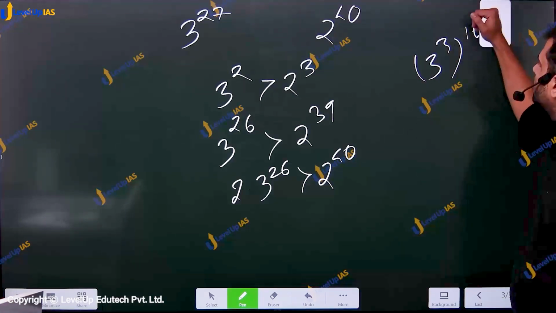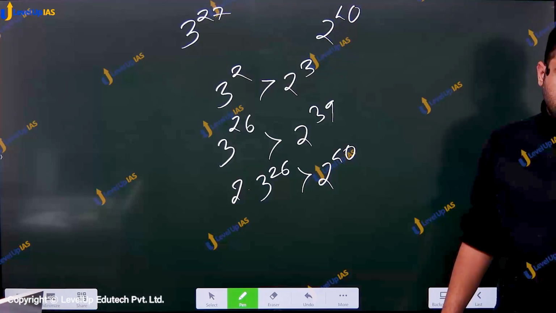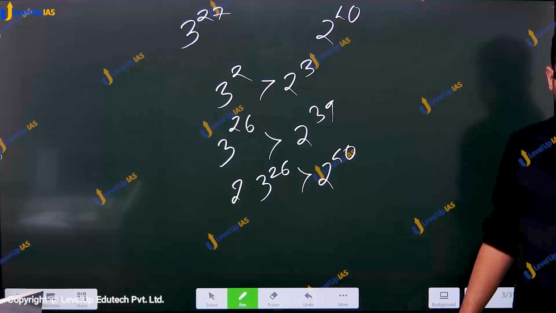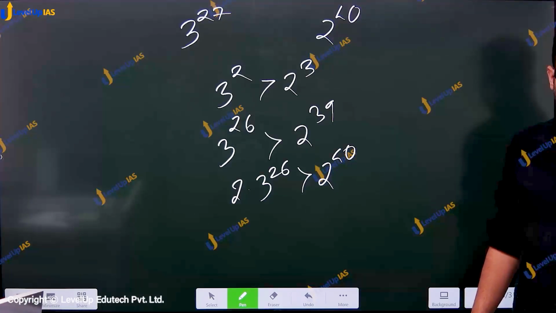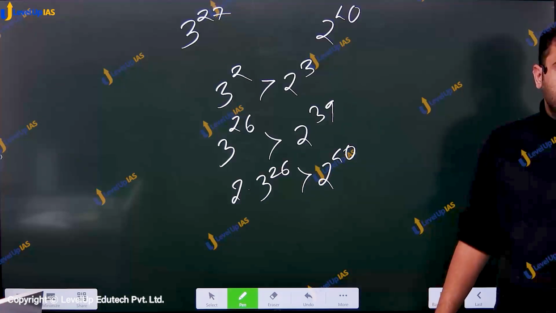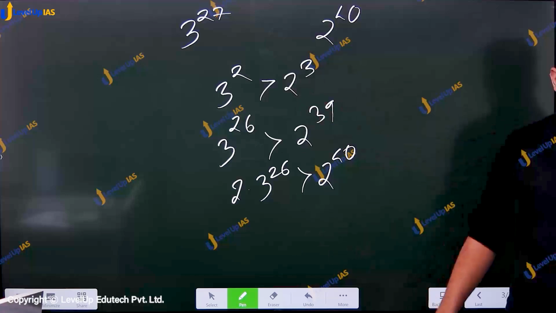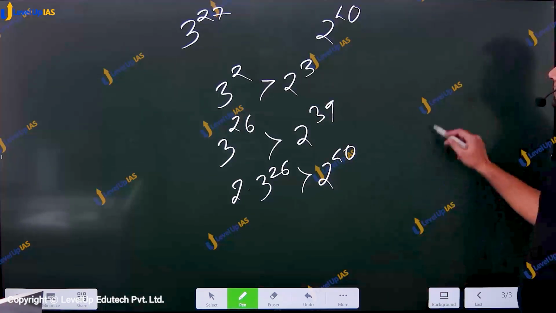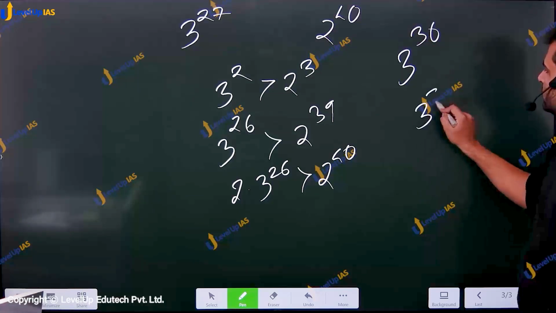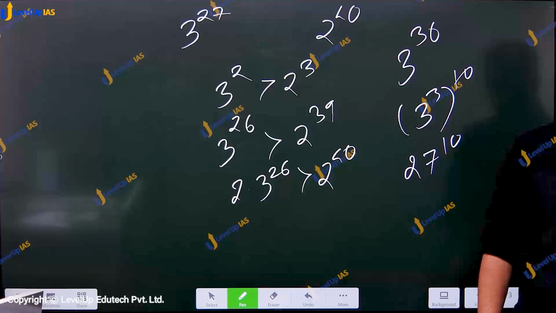Okay. हाँ हाँ हाँ 10. 9 नहीं ना, 3 raised to 10 है, 27 raised to 10 आएगा ना, 9 27 raised to 10 ना. हाँ हाँ, I understand, but you are saying 3 raised to 30, so 3 raised to 10 ना, so this is 27 raised to 10. 3 cube is 27.